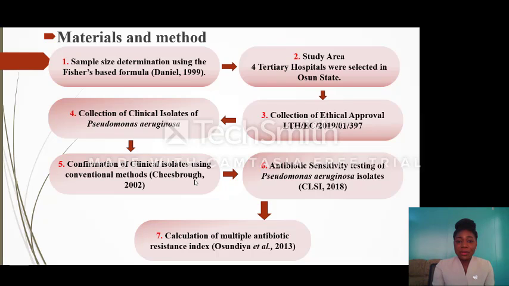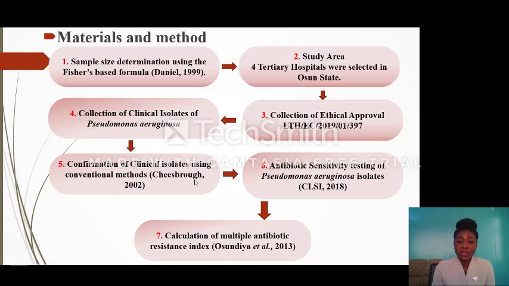The ethical approval protocol number is as displayed on the screen. After the ethical approval was sought, the clinical isolates were obtained from the tertiary hospitals, clinical isolates of Pseudomonas aeruginosa precisely. The pre-identified organisms were confirmed to be Pseudomonas aeruginosa in the lab using the conventional methods. Biochemical tests were carried out on these isolates to be sure they are really Pseudomonas aeruginosa.